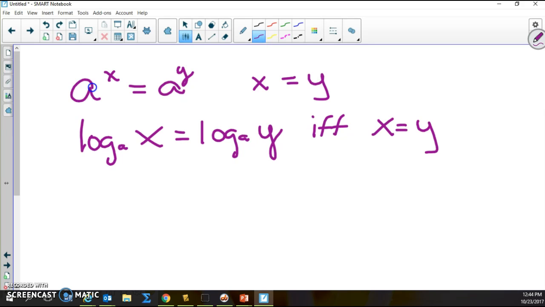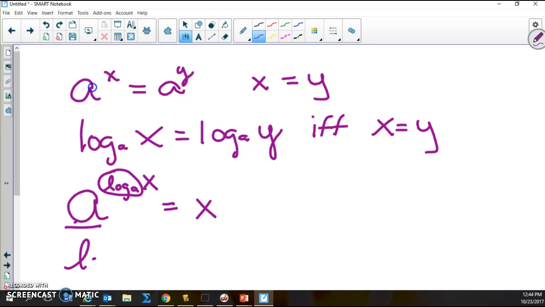Now I just talked to you about inverse functions, and we know that logs are inverses of exponential functions, and I want you to see that in this case a raised to the log base a of x, these are inverses. So a as a base of an exponent raised to the log base a, those are inverses of each other, and we take this composition and should always get x.